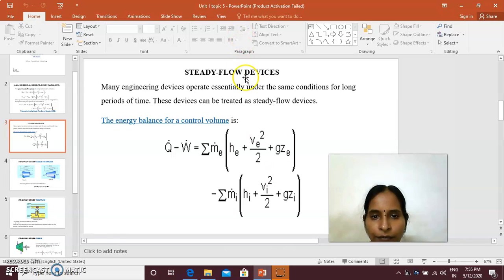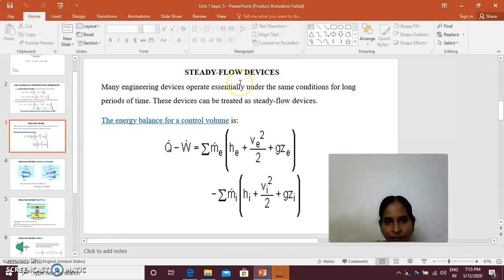Steady flow devices are the thermal devices which use steady flow to give work by getting input of heat. Most of the engineering devices operate fundamentally and essentially under the same conditions for a long period of time.